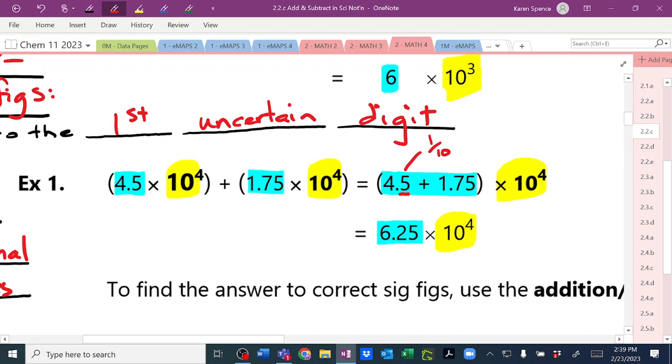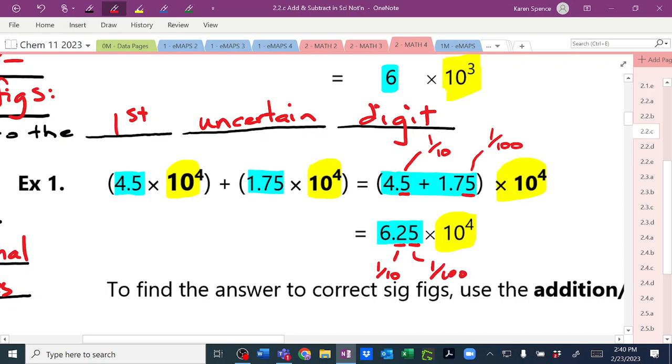Who is the uncertain digit in 1.75? The 5. So that is in the 100ths position. When we add those two together, that means in our answer we have uncertainty in the 10ths and we have uncertainty in the 100ths.